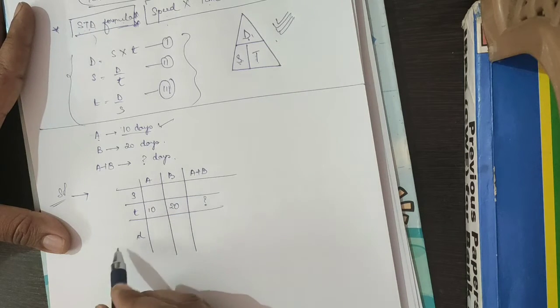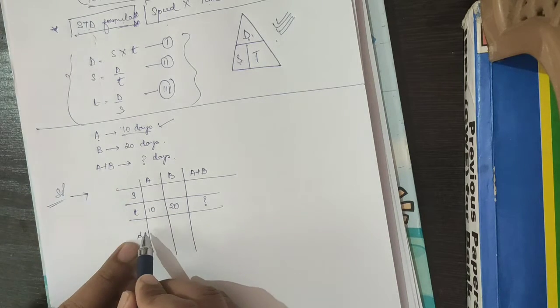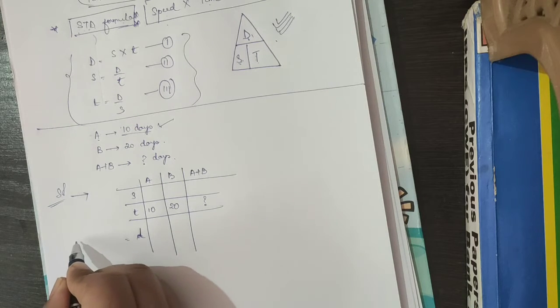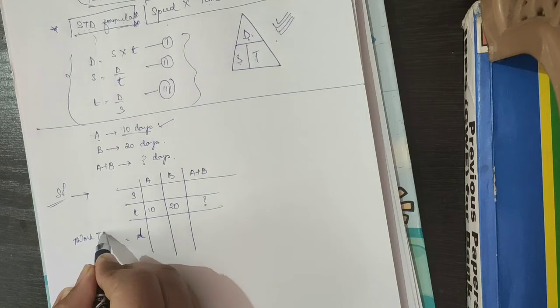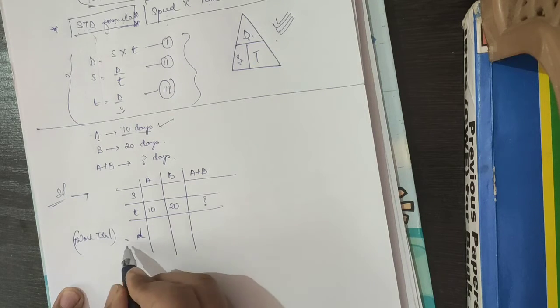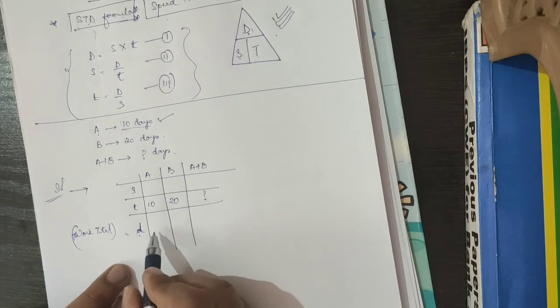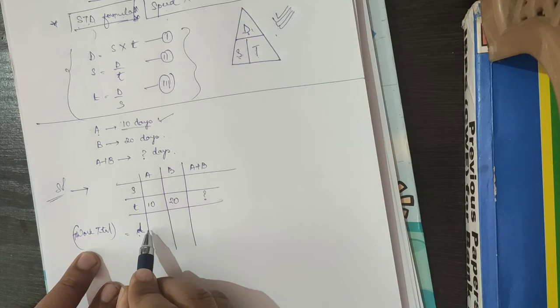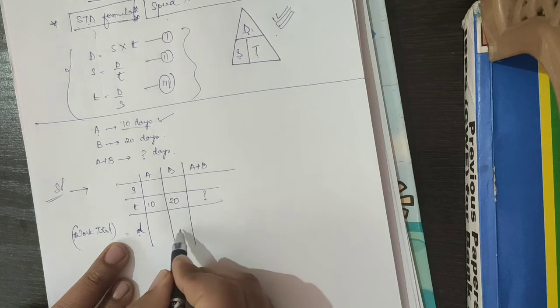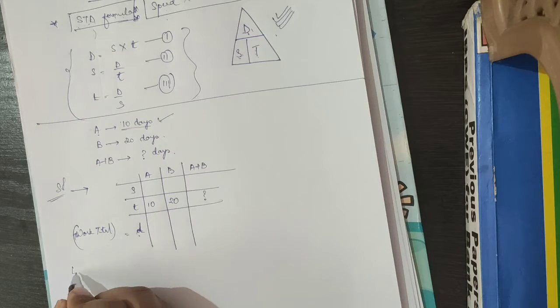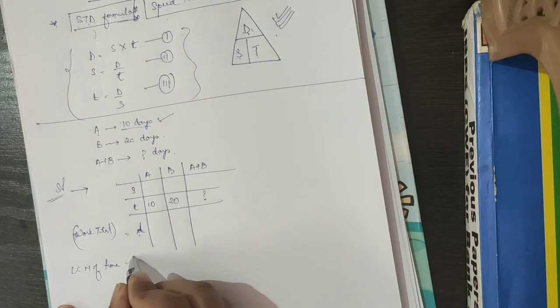To fill this up, first you need to know the distance. Distance is equal to the total work. How do you find the total work? Whenever they give times like this, just take the LCM of the times to get the total work.